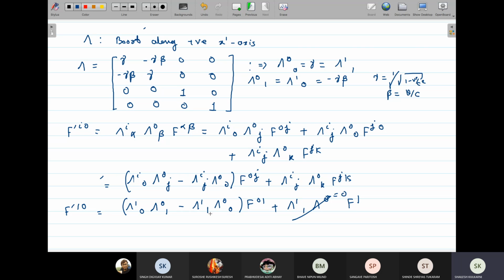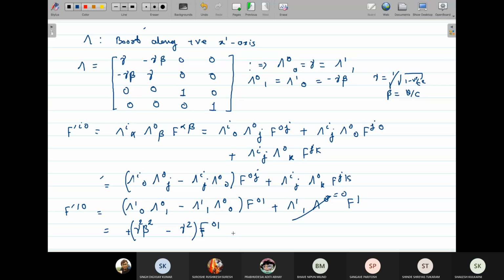So I will have only this term. This will be equal to lambda 10, lambda 01. Lambda 10 is minus gamma beta, and lambda 01 is also minus gamma beta, so it will be plus gamma squared beta squared, minus lambda 11, lambda 00, which is gamma squared. So this will be equal to that times F01.